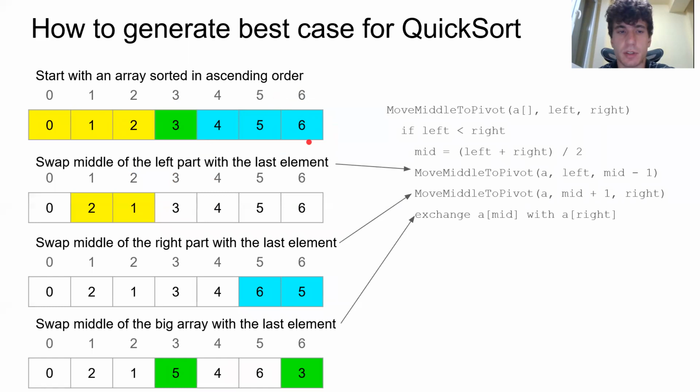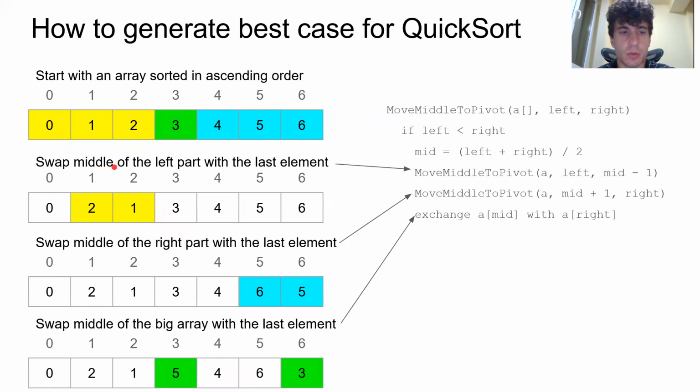So then the pivot will be at the end, the right element. But the problem is that if we do this, the left side and the right side will be worst case scenarios. So only the first partition will be successful. To avoid that, we can do a recursive function that first fixes the left part, then fixes the right part, and only after that we move the center to the last.